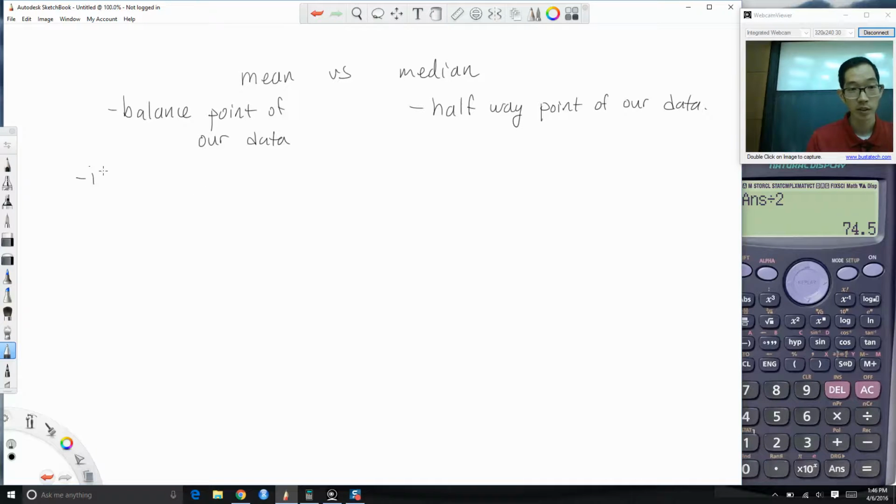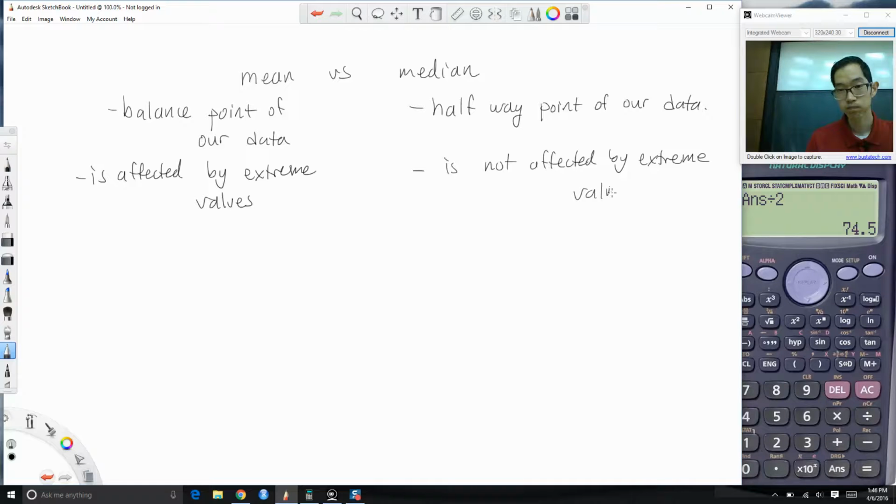Is, okay? Is affected by extreme values. Okay? The median is not affected by extreme values. Okay. And then so, I guess those are the two key points I want you guys to know about the mean and the median.